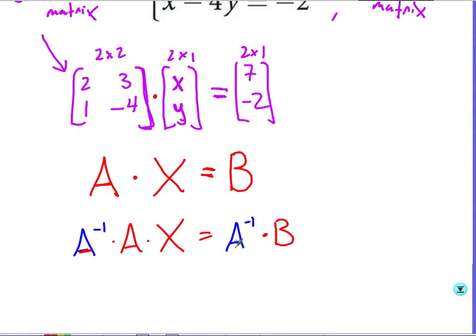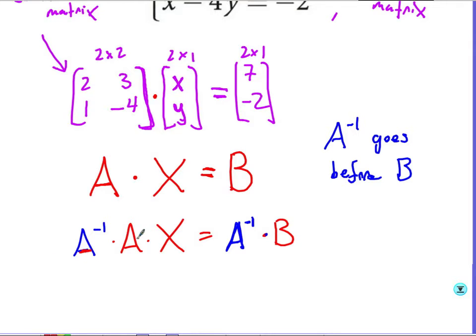Now, when you do this, it's very, very important that the inverse matrix of A goes first, and then matrix B goes second. Because if you do matrix B times the inverse of matrix A, that is going to give you the wrong answer. So this is a rule: the inverse of matrix A goes before matrix B.